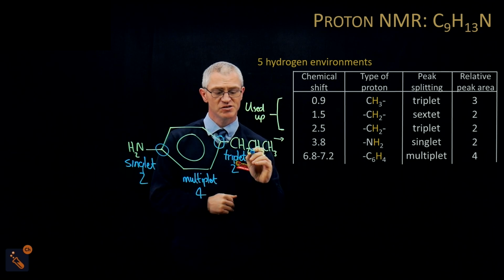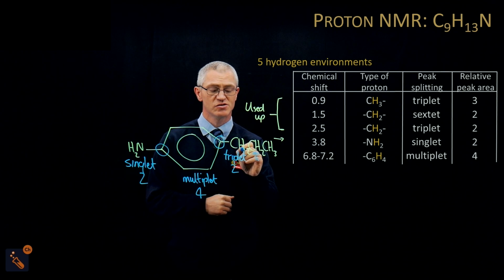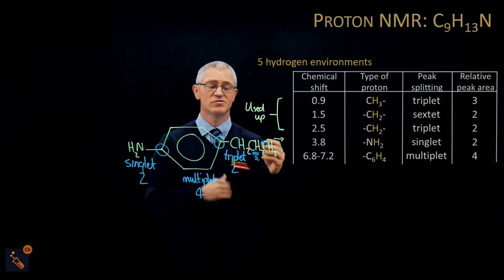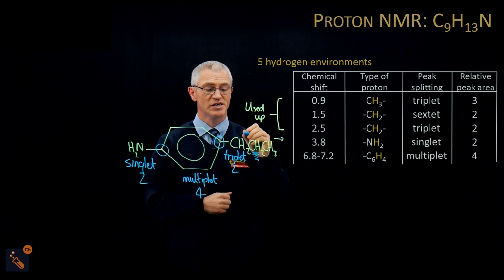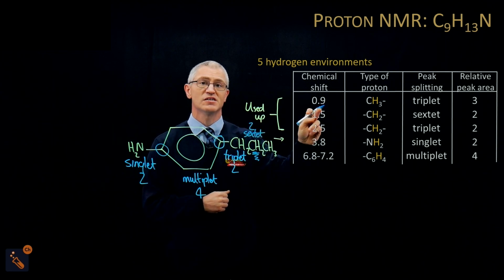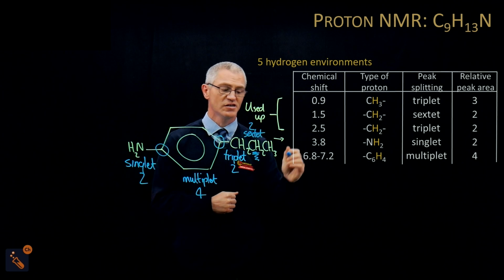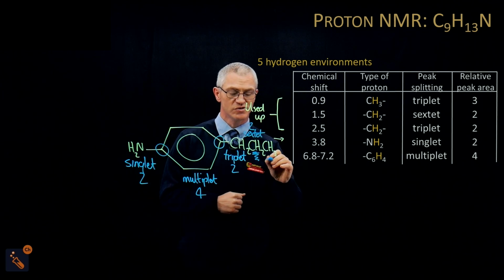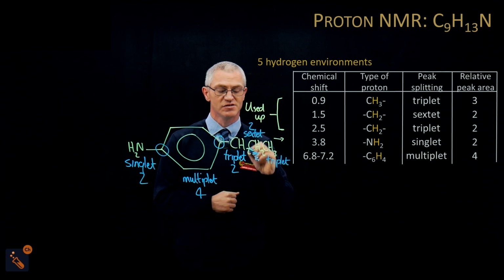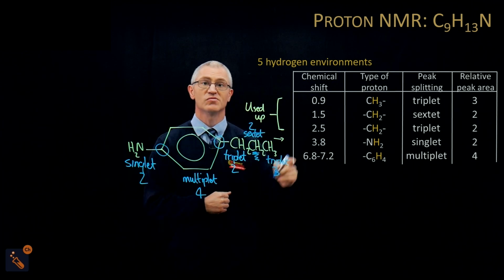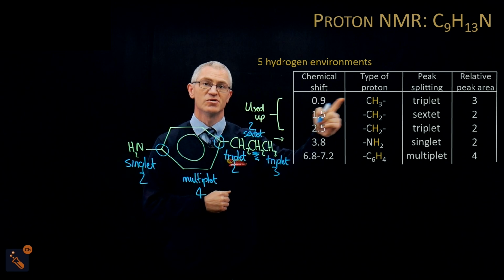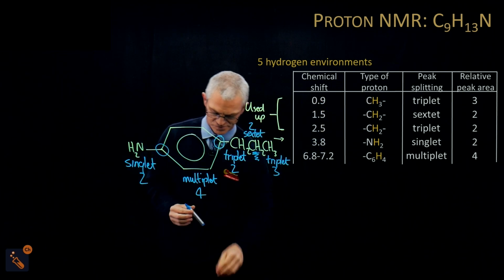Okay, and then this one right here is surrounded by 2 hydrogens here and 3, so that's 5 hydrogens, which means it would be a sextet with a 2, and we see a sextet with a 2 right there. And then the last one, we see a triplet again because the CH3 is next to a CH2, this time with 3, which we have up here at the top.